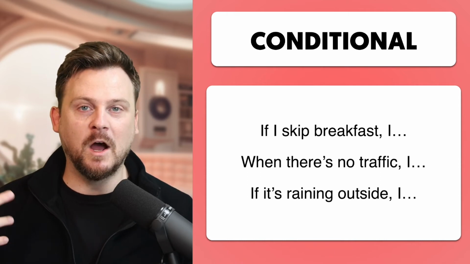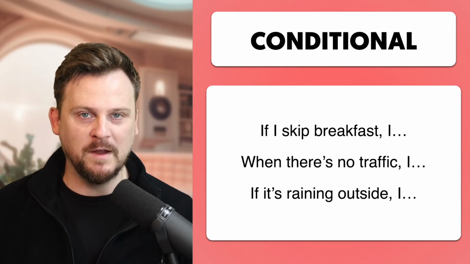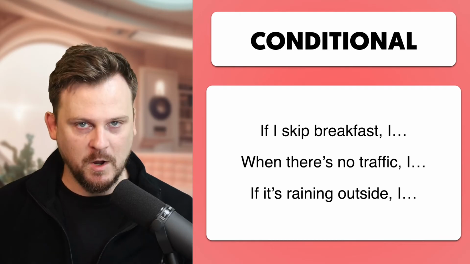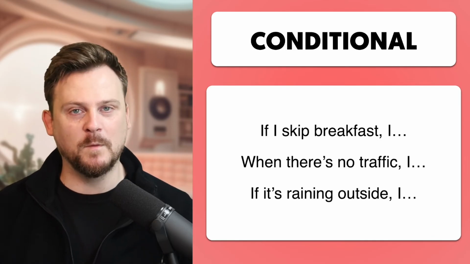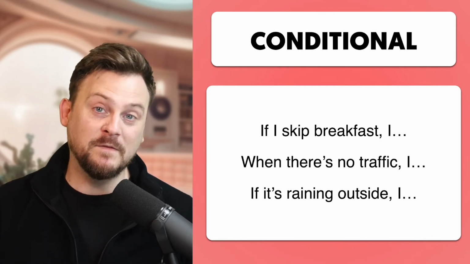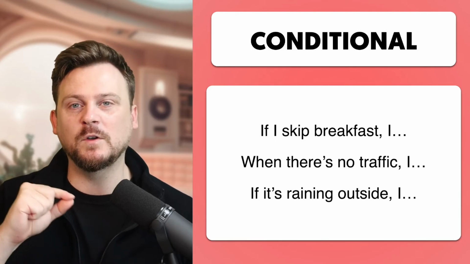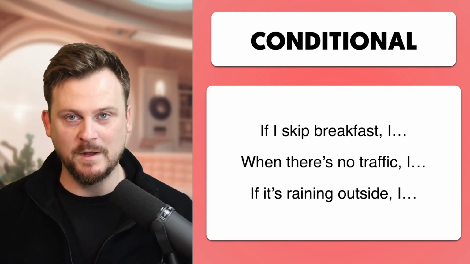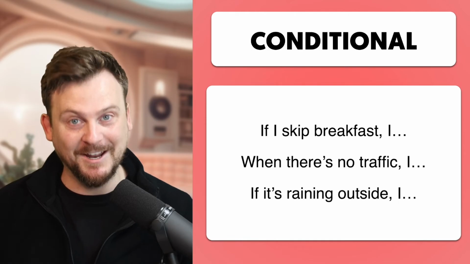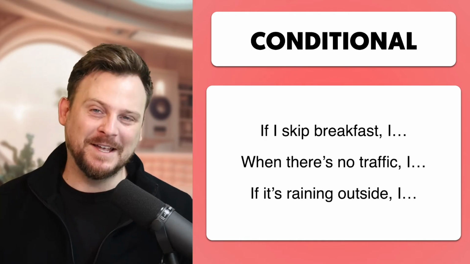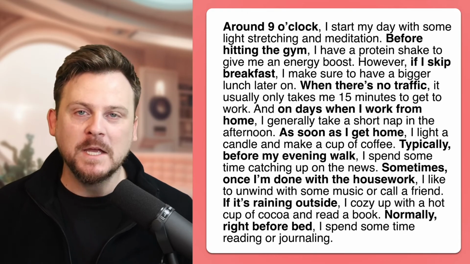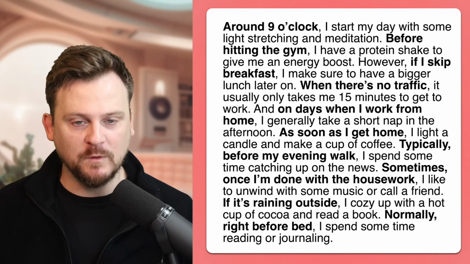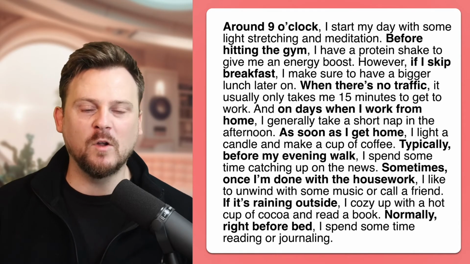You could say, unless it's raining, I go for a run every day. Okay, or if it's raining, I don't go for my morning run. If you say if there, then you're trying to focus on the thing that does not happen, which means that normally it does happen. That might sound a little bit complicated, but actually it's pretty simple. So let's read through this and sort of understand it all in context.